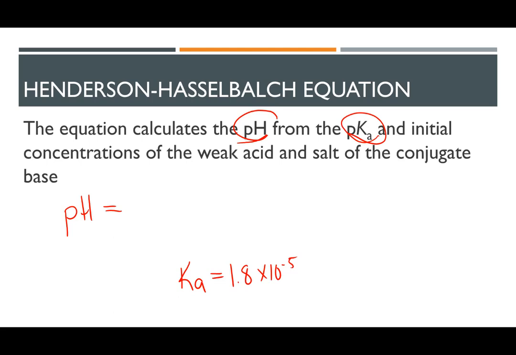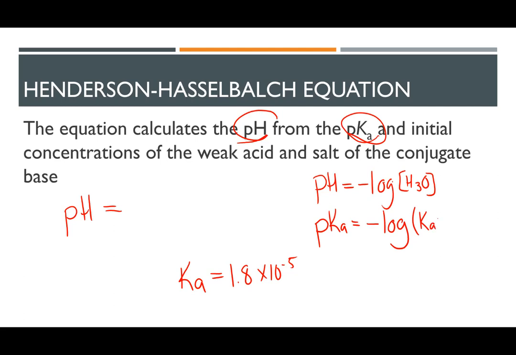pKa is going to be very similar to how we determine pH. Remember, pH equals negative log of the hydronium concentration. Well, pKa is going to be the negative log of Ka.